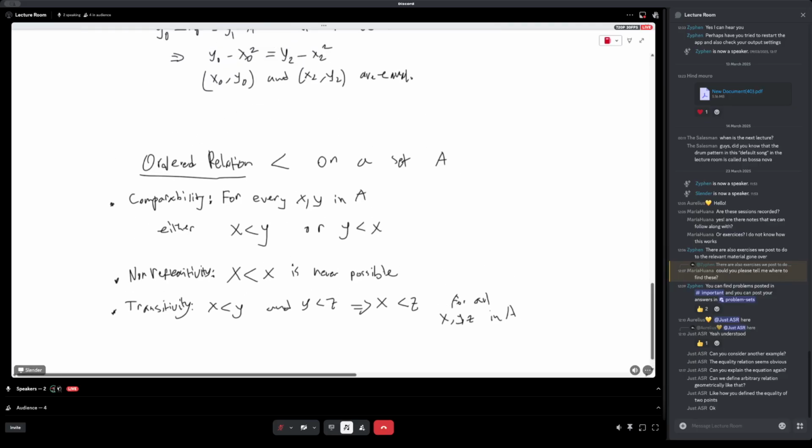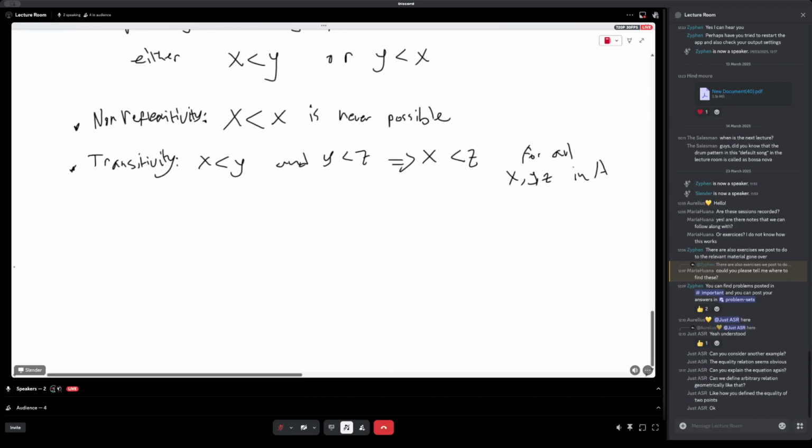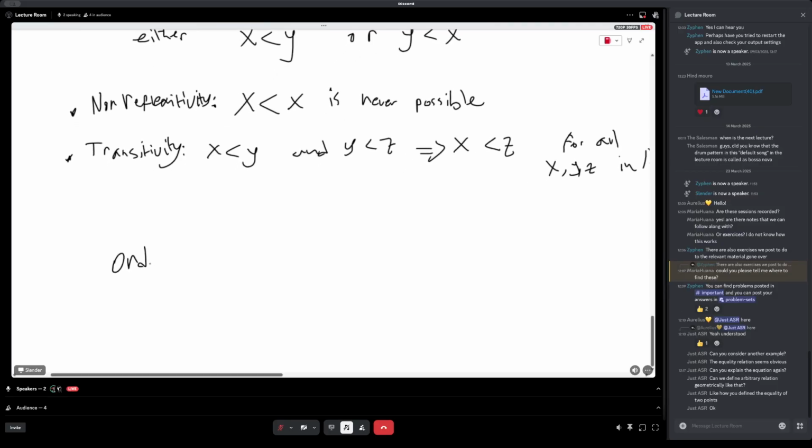A very simple example, the best example of an ordered relation, is the ordering on the real numbers. This should be simple enough to understand.